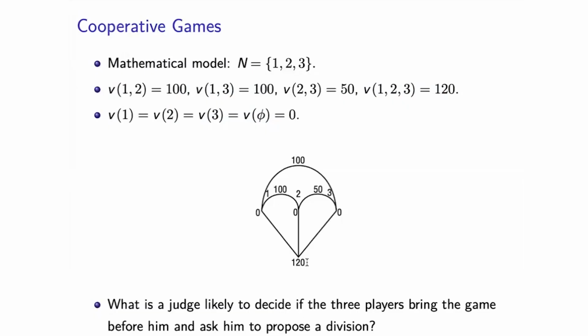So suppose they take it to their coach and ask, how should we divide up this 120 lakhs among the three of us? What would be one reasonable answer? We'll expand on what we mean by the word reasonable in later parts of this week's lectures.